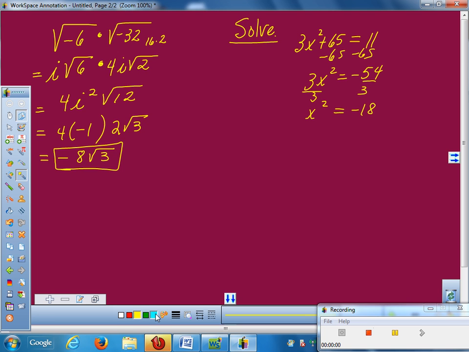Square root it. And then what do you have to remember to do when you've square rooted both sides? Plus or minus. So it's going to be plus or minus, but I got to break that baby down. 9 and 2. So it'll be a 3. And take out the negative. That'll be an i square root 2. And that would be your solution.